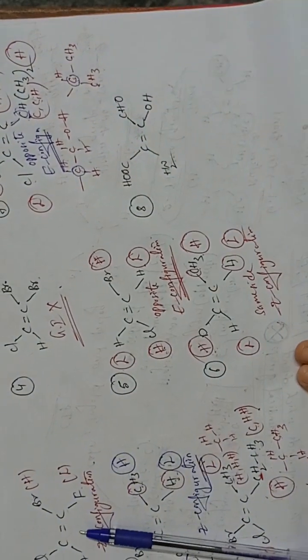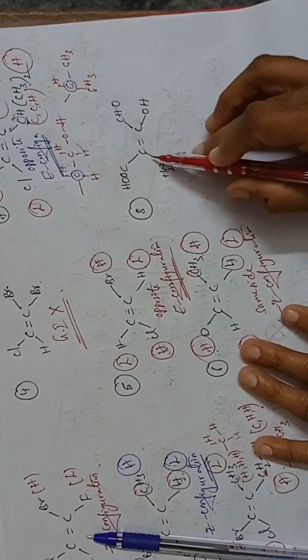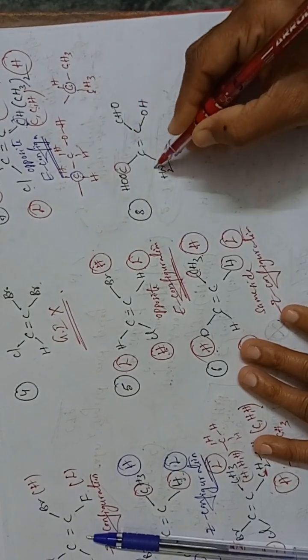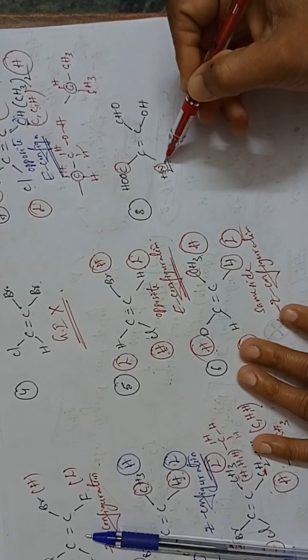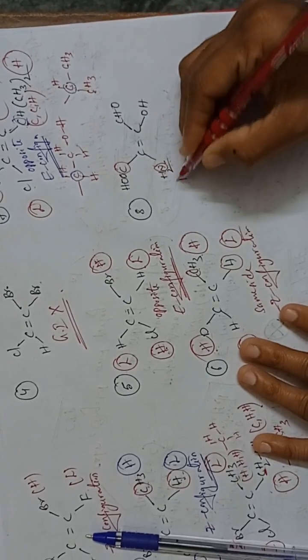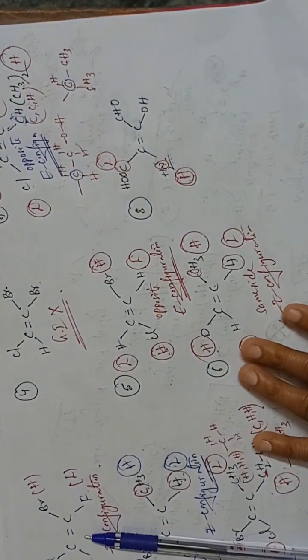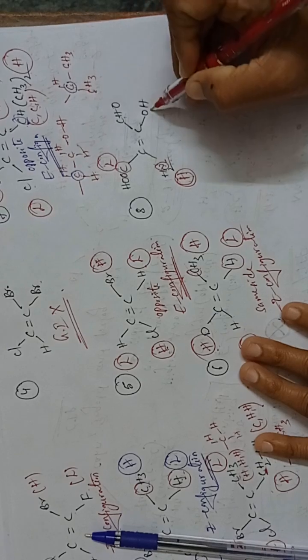Now see this example: C double bond C with CHO. Here this carbon is attached to carbon, and here this carbon is attached to nitrogen. These atoms you have to consider, only the first atom: carbon, nitrogen. Nitrogen has the higher atomic number. So this is the higher atomic number group and this is the lower. Now here this carbon is attached to carbon, and here oxygen.